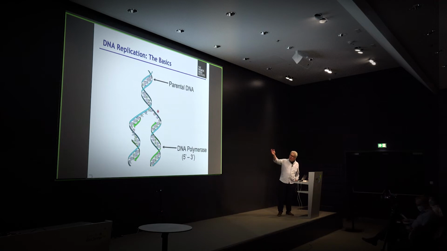DNA polymerases copy the DNA, and they move in a 5' to 3' direction. So on one strand, they can synthesize continuously in the same direction that unwinding happens, and we call that the leading strand. And the other strand is called the lagging strand, synthesized discontinuously in these Okazaki fragments.